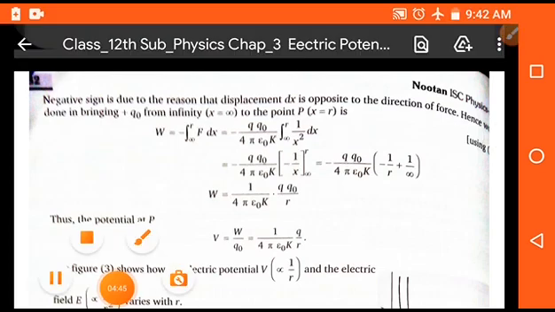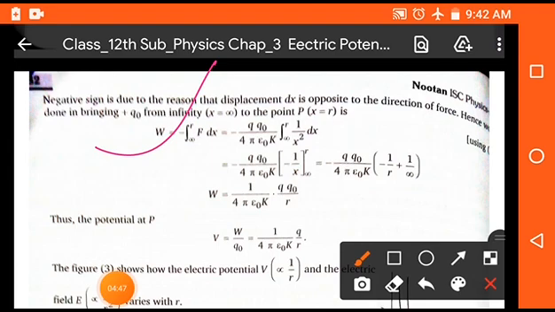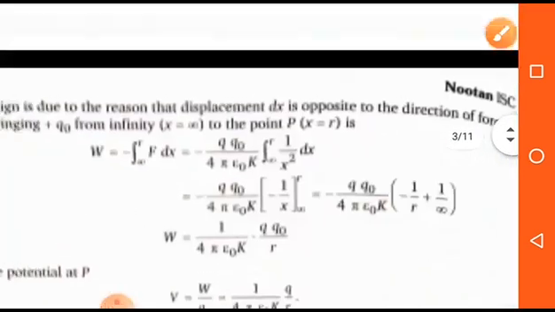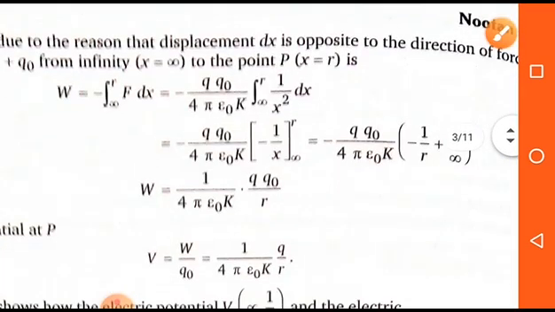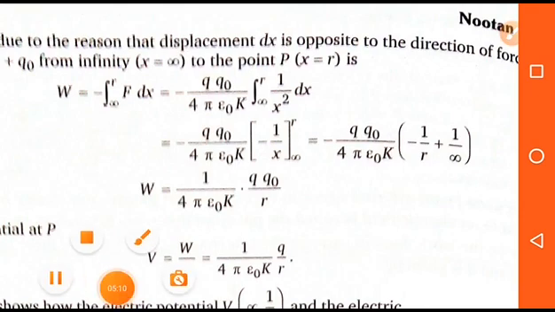Now if we want to get the total work done, then we have to integrate the small work done, and it will be W is equal to minus integral from infinity to small r of F dx, which is equal to minus Q Q naught upon 4 pi epsilon naught integral from infinity to r of 1 upon x squared.